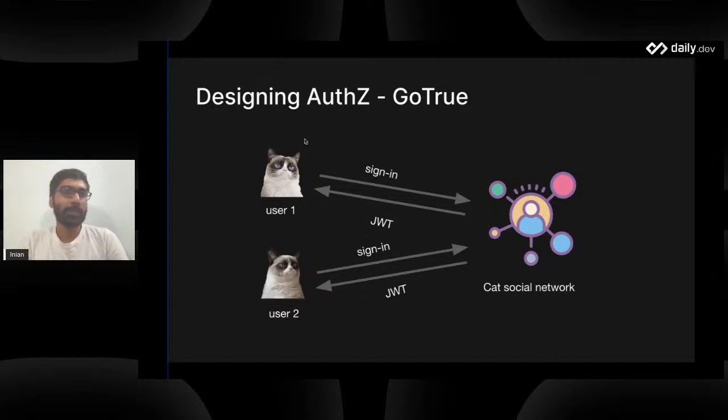So at the very crux of it, it's pretty simple. Any user who signs in with a valid credential gets a JSON web token back, and the user can log in and conduct further API calls using the JSON web token.